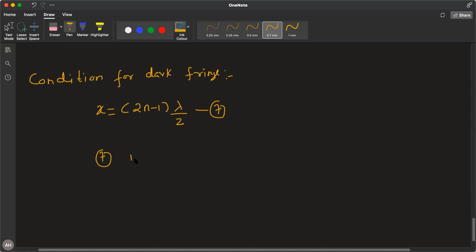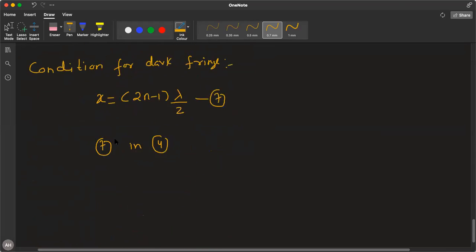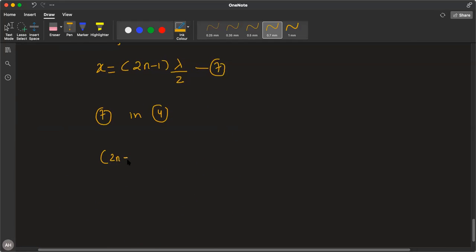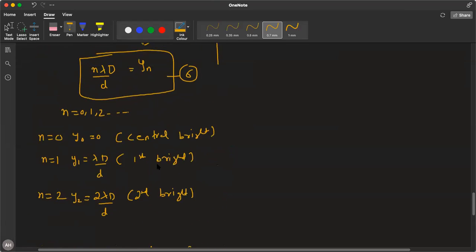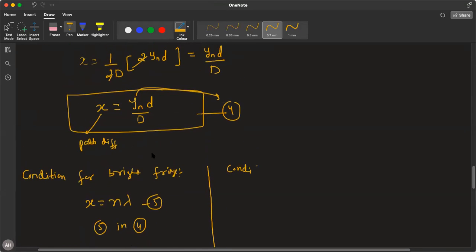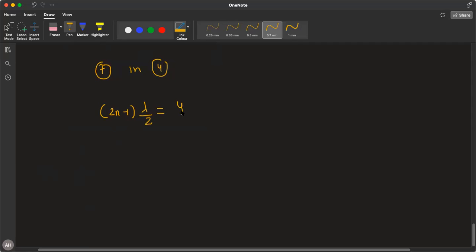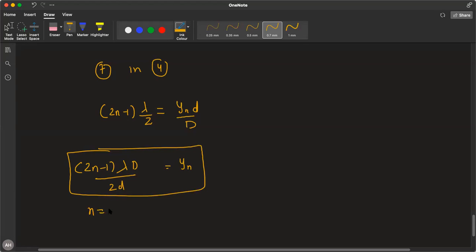So when we substitute 7 in 4, instead of x, I can substitute 2n minus 1 lambda by 2, which is equal to yn small d by capital D. So we can write that yn is 2n minus 1 lambda capital D by 2 into small d. And your n will start from 1, and it will be 1, 2, 3 and so on.